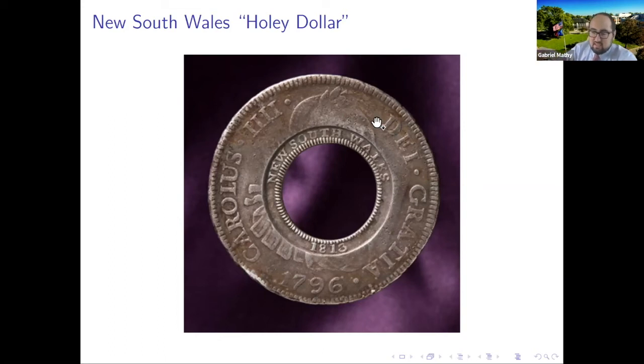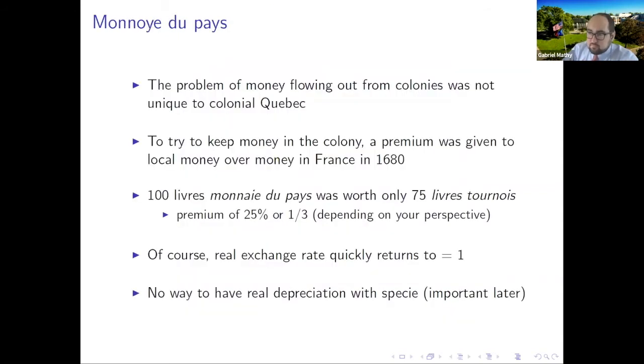But you can see that in lots of different colonial environments, they're having the same kind of balance of payments issues and monetary shortages. So French authorities are well aware of this. And so they create this institution called Monnoye de Pays, which is old French for local money or country money.